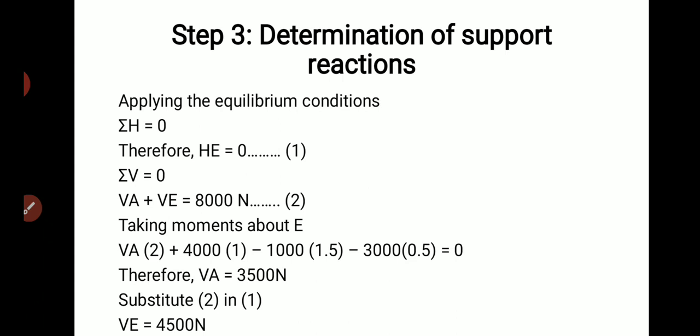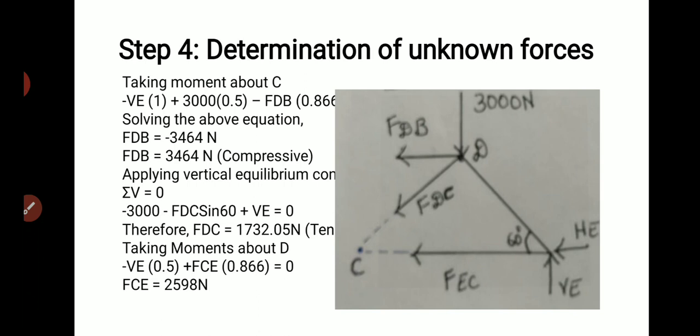Again, if I take the moments at E, the clockwise moments are taken as positive and anti-clockwise moments as negative. So VA into 2, it is clockwise, therefore it is a positive moment, and 4000 into 1 minus 1000 into 1.5 minus 3000 into 0.5. If I solve this, I'll get VA as 3500 Newton.